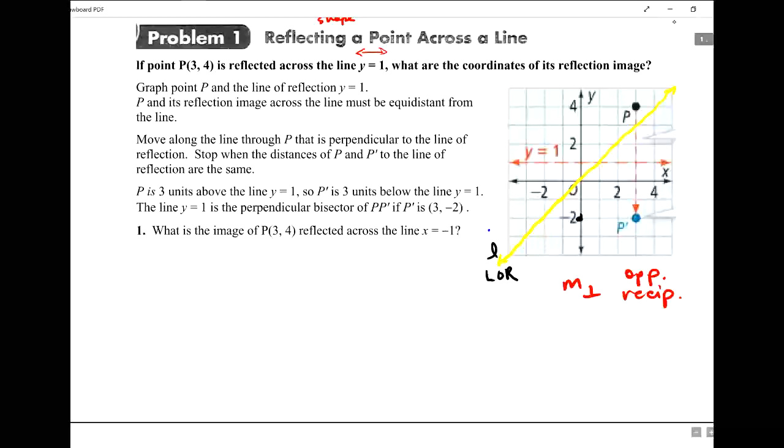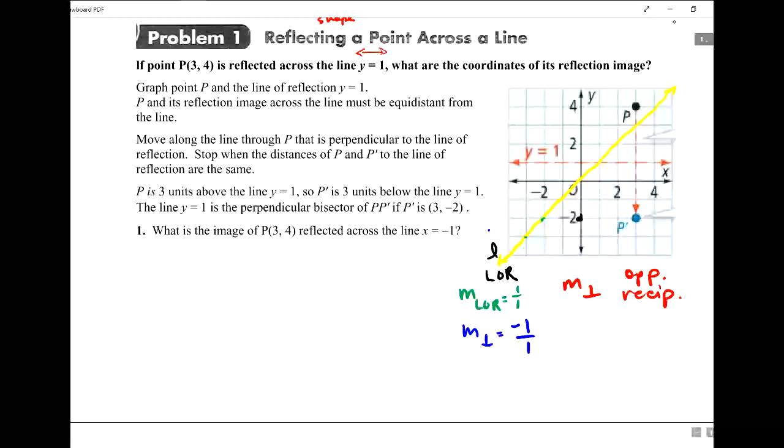So we need to find the slope of our line of reflection. The slope of our line of reflection here, that's really not very neat. We just take 2 points, up 1 over 1. So what is our perpendicular slope going to be? Well, m perpendicular is going to be the opposite reciprocal, -1 over 1.